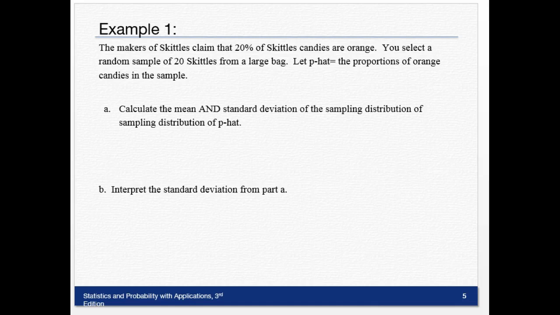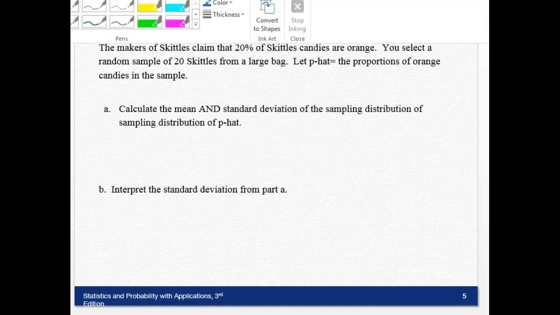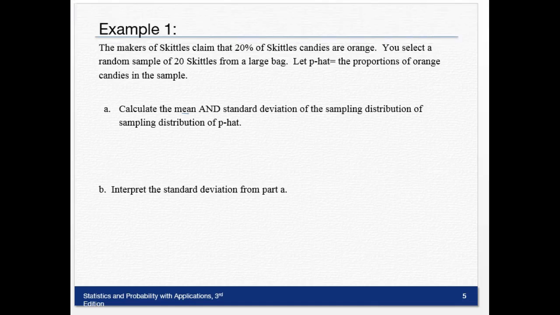All right, so let's do some problems here. It says the makers of Skittles claim that 20% of Skittles are orange. You select a random sample of 20 Skittles from a large bag. Let p hat equal the proportion of orange candies in the sample. p hat is a proportion, and we would find that by taking however many are orange and dividing by the total number of 20 candies in your sample, and that would give us some decimal or percentage answer.